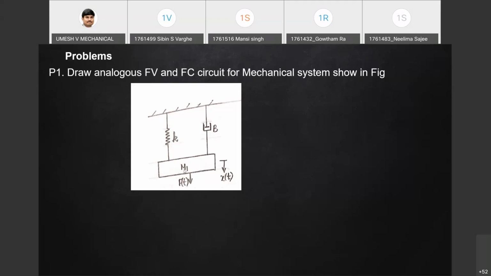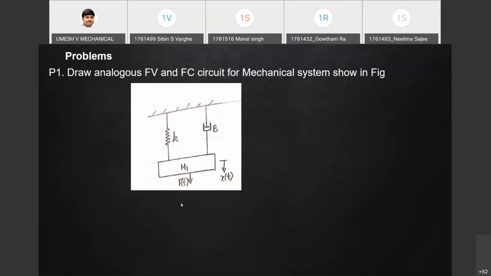So the elements are a spring, a mass, and a damper. What is f of t here? The force. Force is the input, okay? x is the displacement, and displacement is the output. Can you write the differential equation for this? Say yes or no. No, sir. Okay, you can mute.